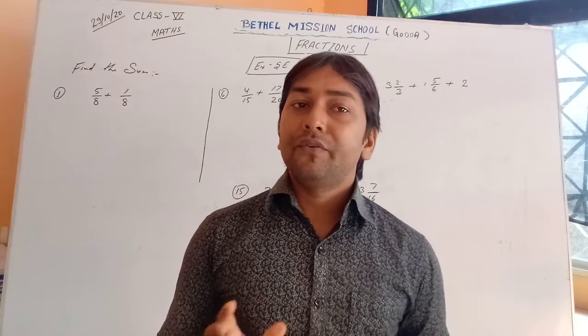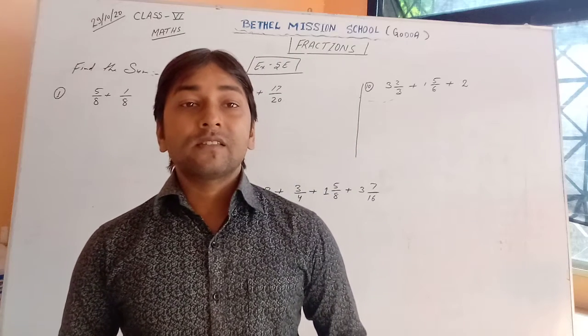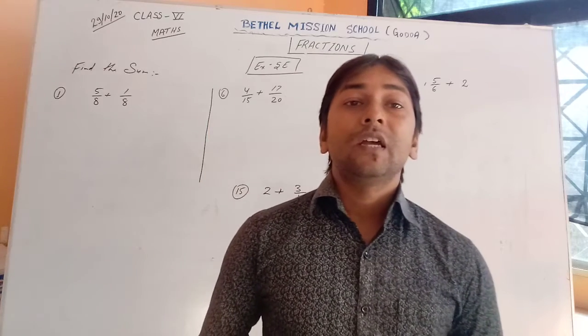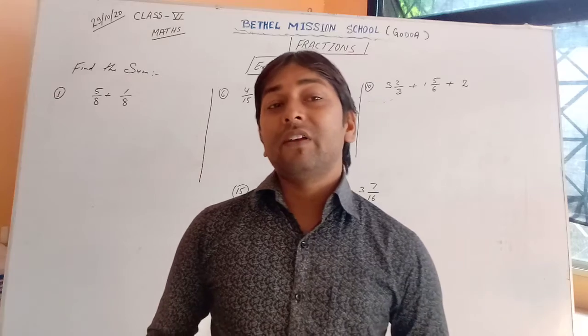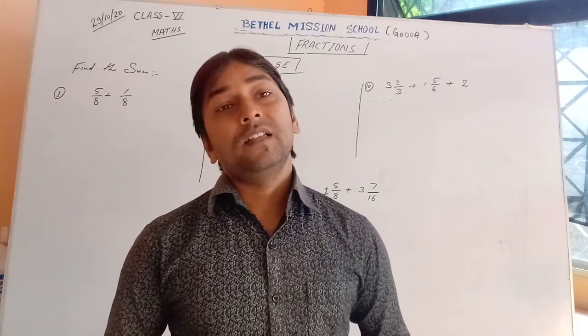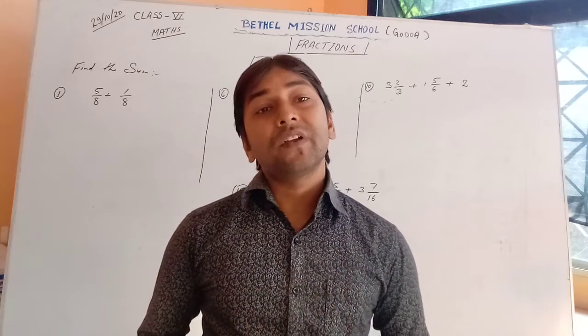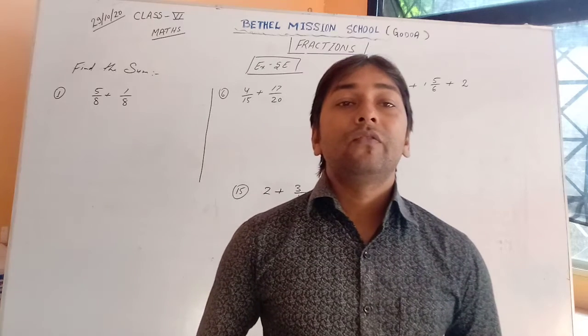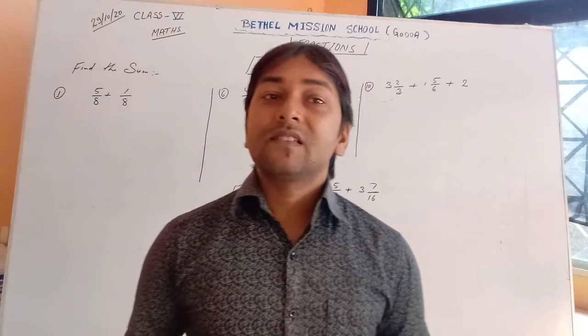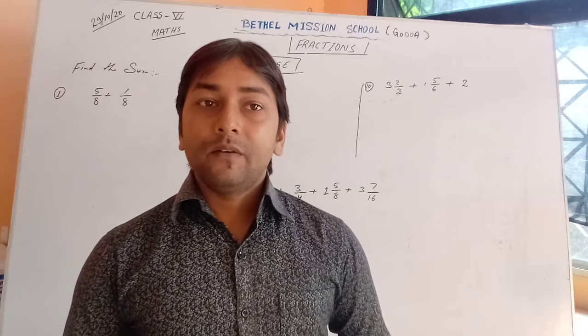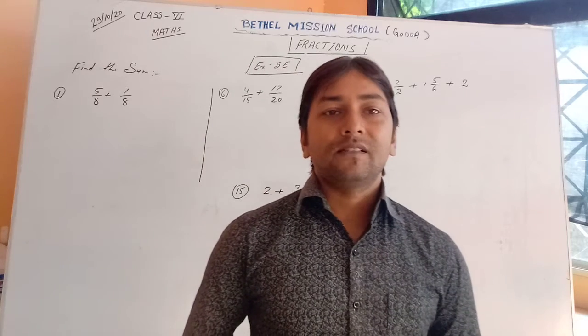These are the fractions. And the types of fraction I have also taught you: like fraction, unlike fraction, mixed fraction, equivalent fraction. All types of fractions I have discussed in the previous class.